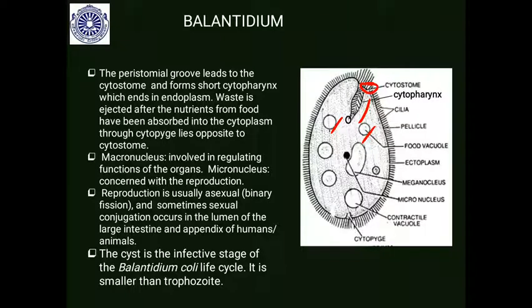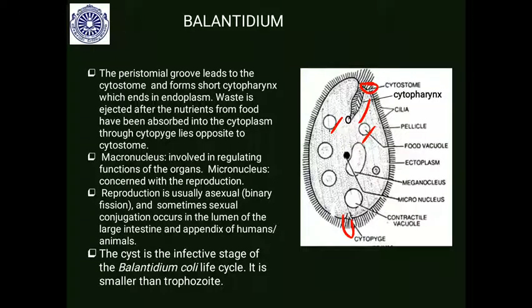The undigested food is thrown outside through an opening called the cytopyge. The macronucleus is involved in regulating the function of the organelles, whereas the micronucleus is for reproduction. There are two types of reproduction: asexual by binary fission and sexual through conjugation.